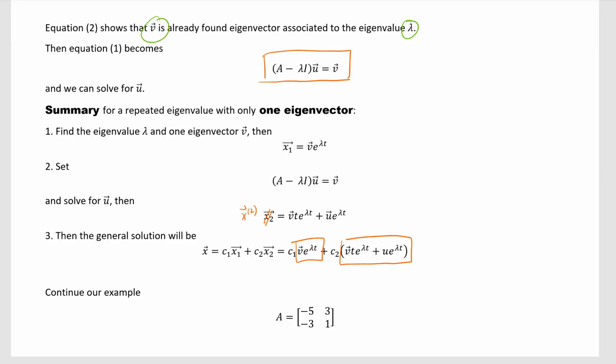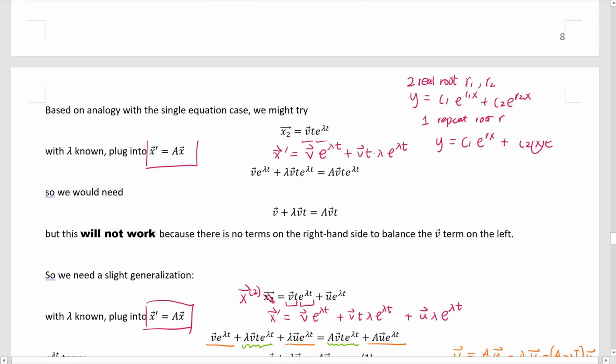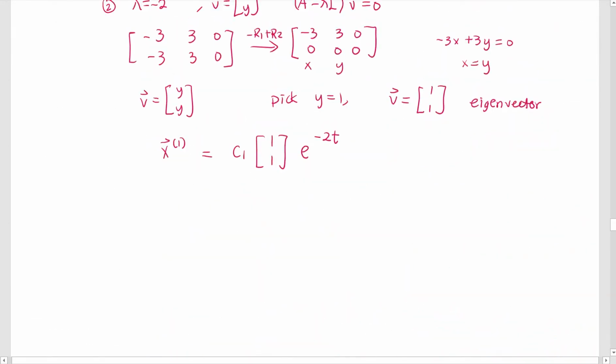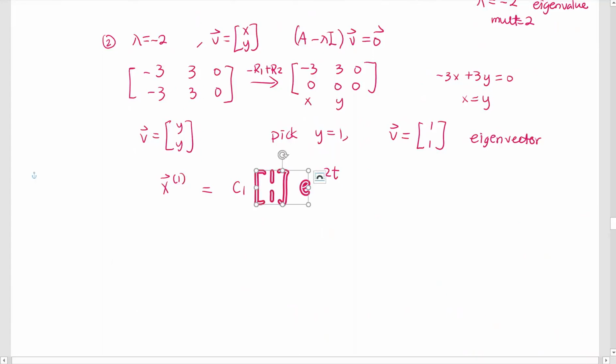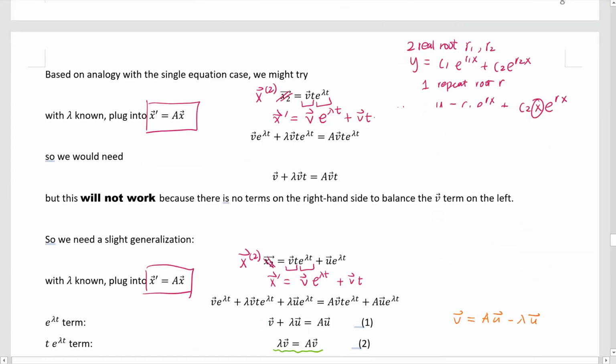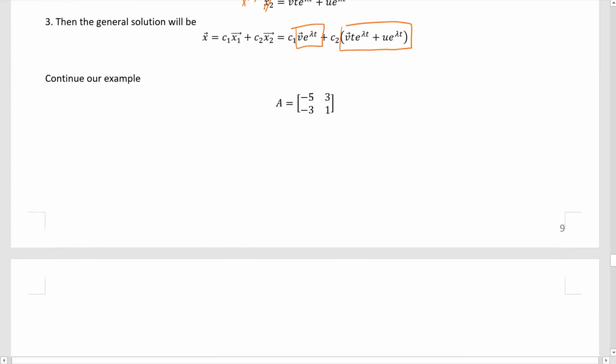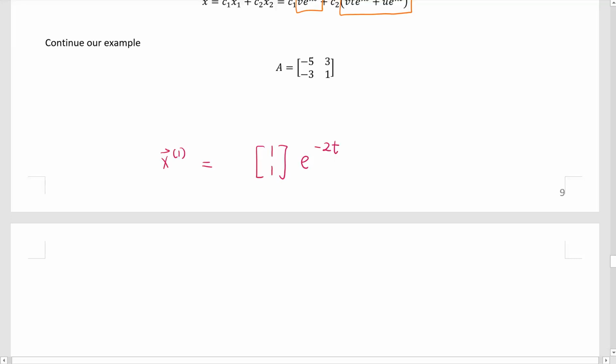So far, so good, everybody? Let's continue. Last time, let's recall. Sometimes people don't put the C1, they let this be the first solution, and then the general solution is the linear combination of the first and second solutions.